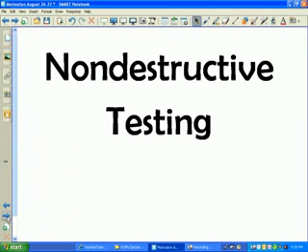Non-destructive testing. Simple way to put it: the definition is right in the words. It's a way to test or assess without breaking it. So non-destructive testing is just a way to either test something or assess something without destroying it or breaking it.